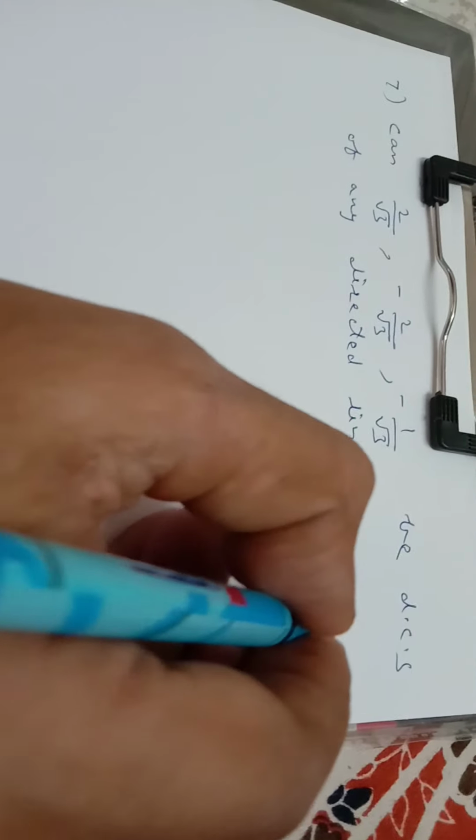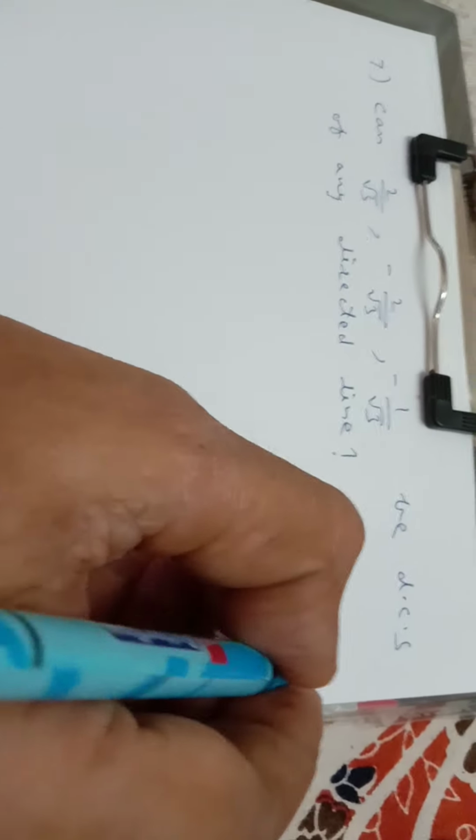Now for direction cosines of line, we know one condition. Direction cosines of any line, they should satisfy the condition that sum of squares of direction cosines should be equal to 1. If this condition does not get satisfied, then line cannot have such direction cosines.